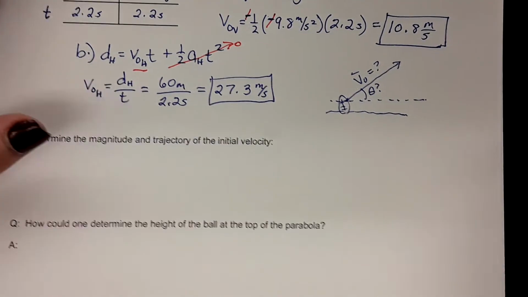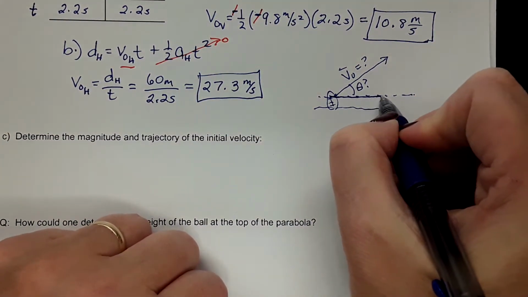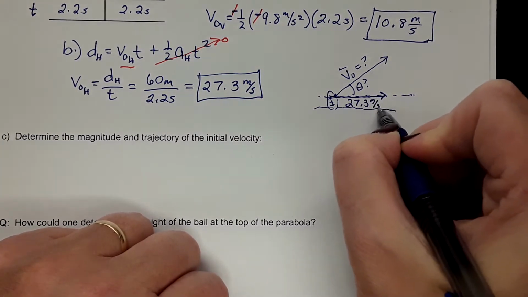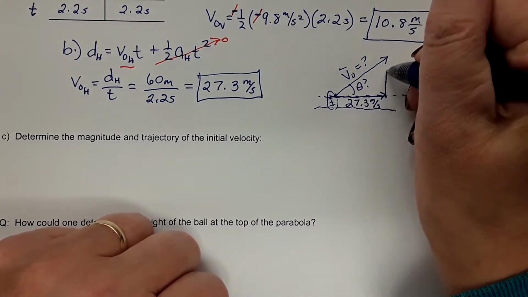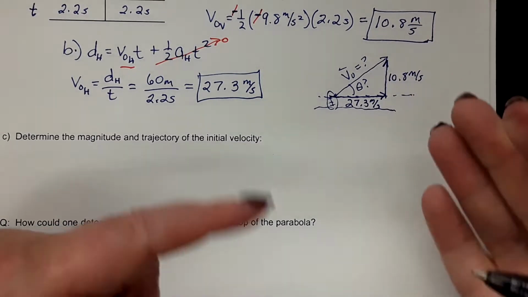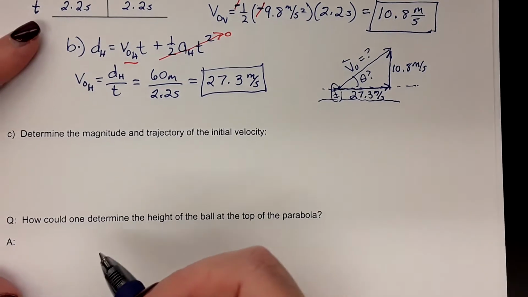Now, we just found out that we have a horizontal initial velocity of 27.3 meters per second. And we have a vertical initial velocity of 10.8 meters per second. Now do you see where we are? All we have to do is use the right triangle trick. So here we go.